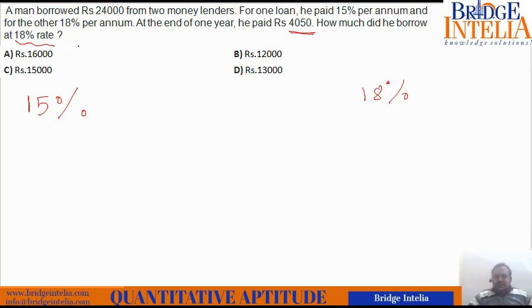So let us see what is the effective rate percent that he is giving effectively. So he borrowed 24,000 and he is paying back 4050 as interest. So let us see, 4050 is what percentage of 24,000.